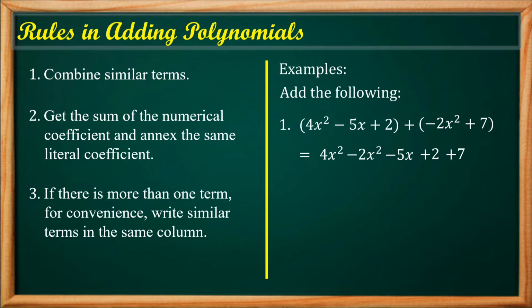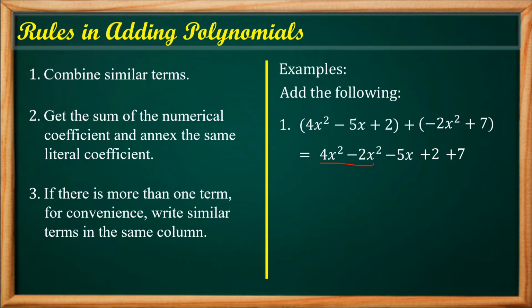Then, get the sum. The second rule is get the sum of the numerical coefficient. The similar terms is 4x squared and 2x squared. Since the operation here is minus, then we will subtract this: 4 minus 2.